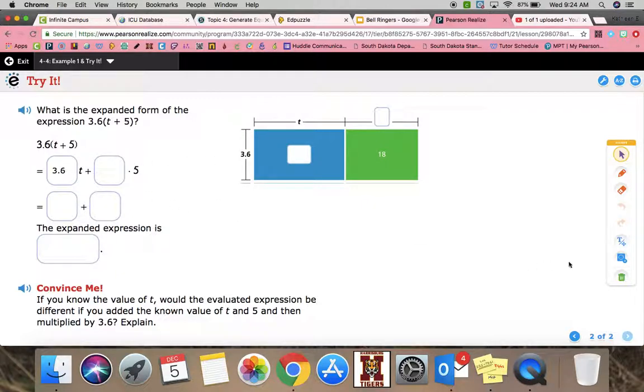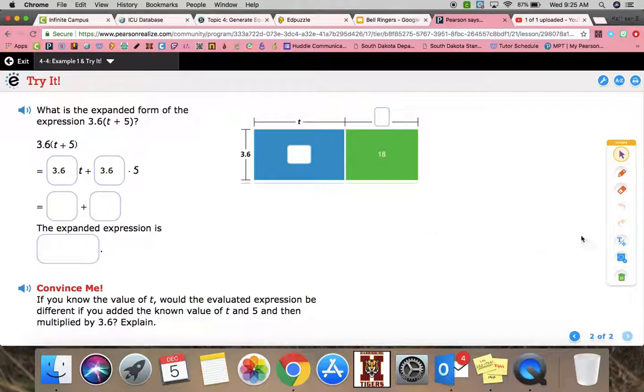And then in this second blank, it wants us to show what we're multiplying. So we're multiplying this 3.6 times 5, so it just wants 3.6 in there as well. Then it wants to know what is all of this.